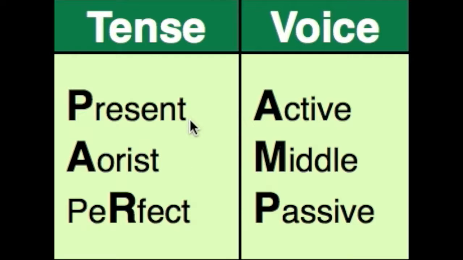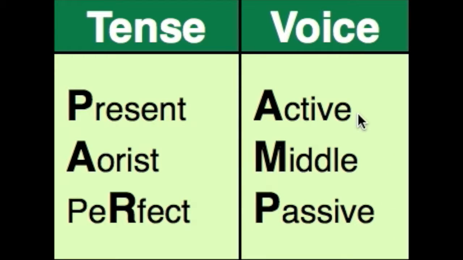So once again, as we're learning, the aspect of these tenses outside of the indicative are really interesting and very hard to capture in English. It's one of the benefits of learning to read Greek. So participles will have tense, our old friends, present, aorist, and perfect. They will have voice, active, middle, and passive.